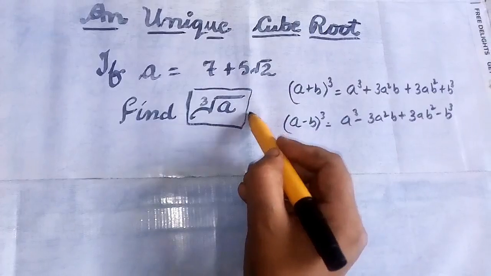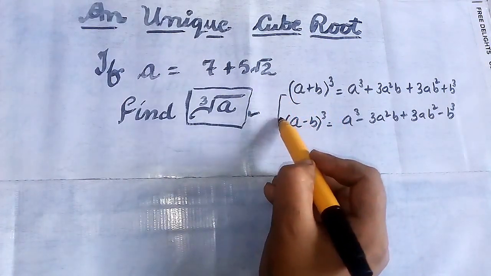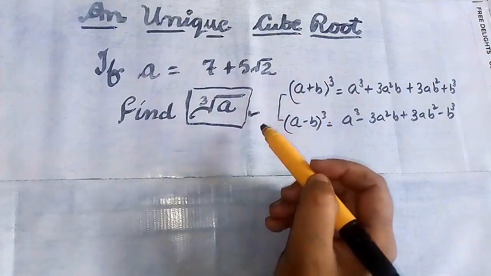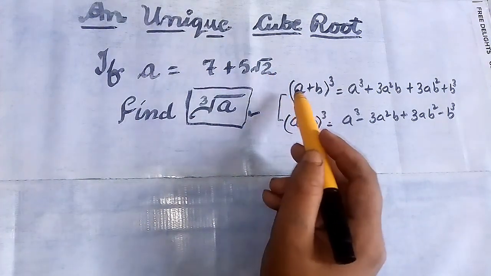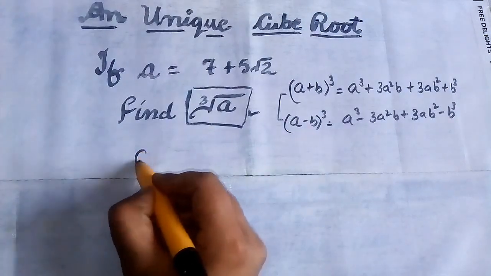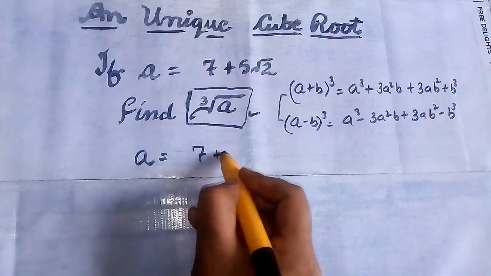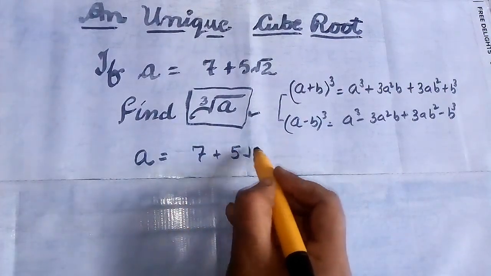So we have to think now which of these two identities can be the appropriate solution for this unique cube root. We know that a equals 7 plus 5 square root of 2.